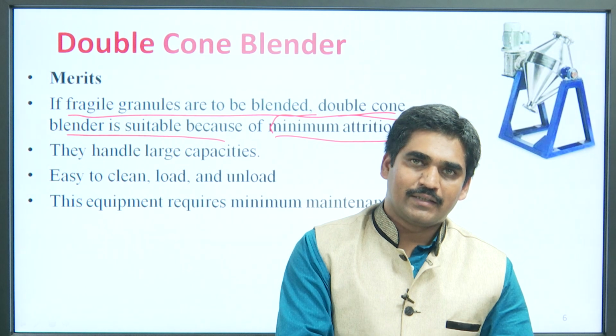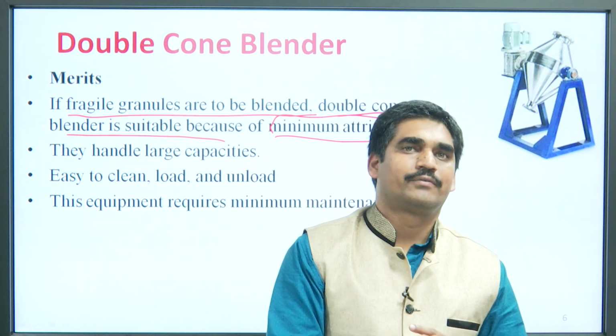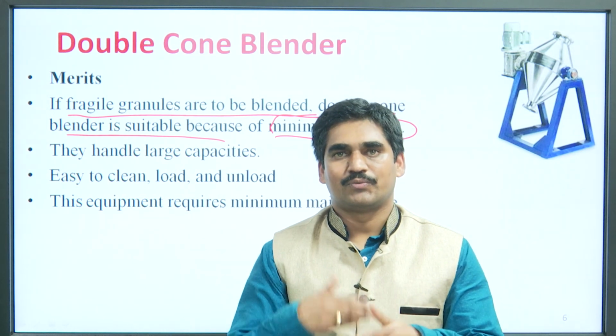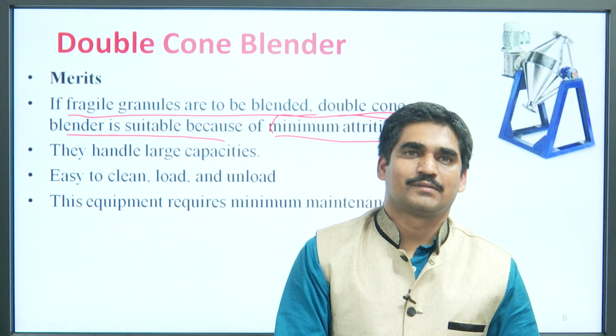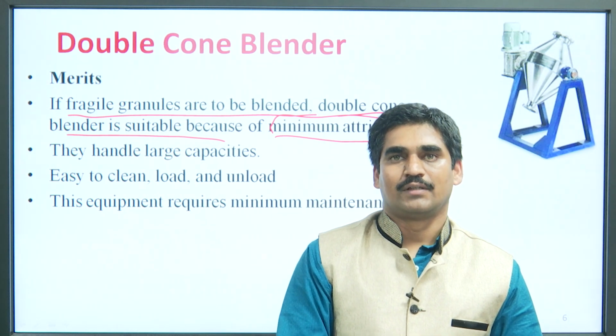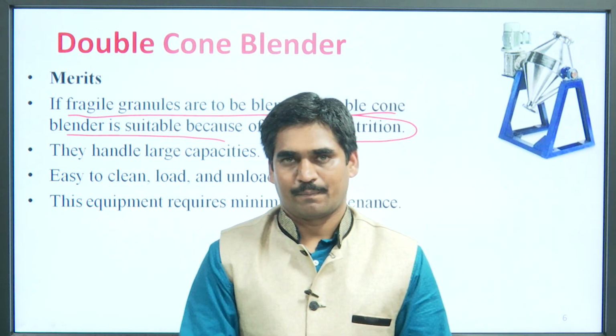So, for fragile granules double cone blender is the most suitable equipment for blending purposes to avoid any breakage of these granules. Why does this happen? Due to the attrition.